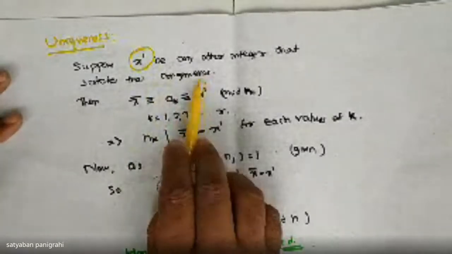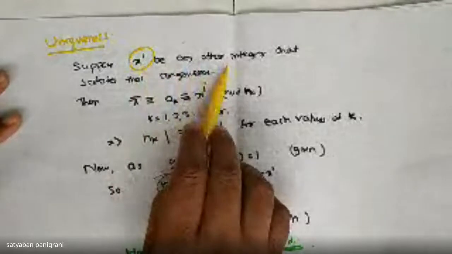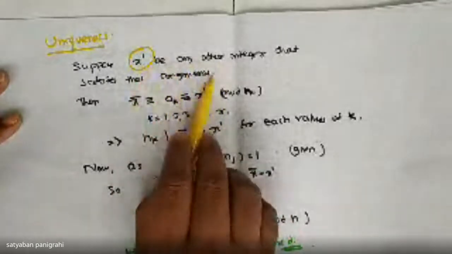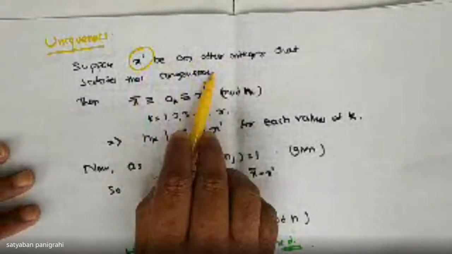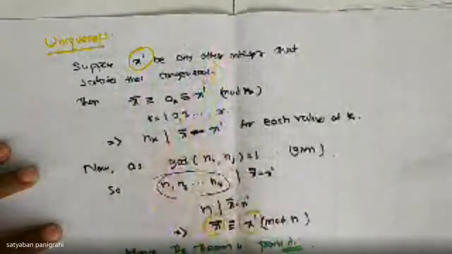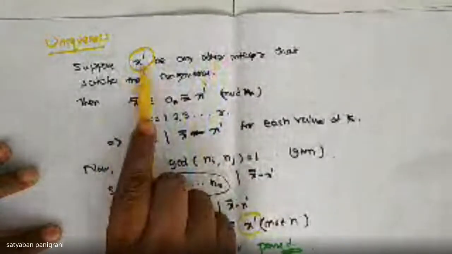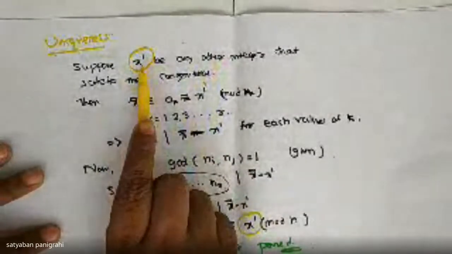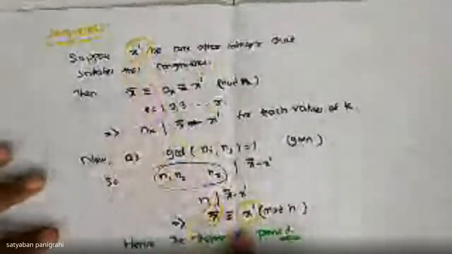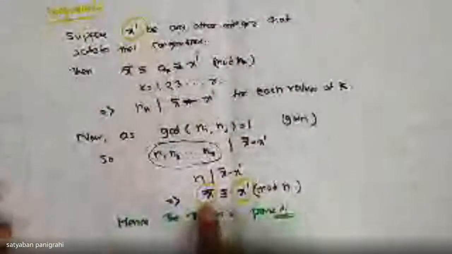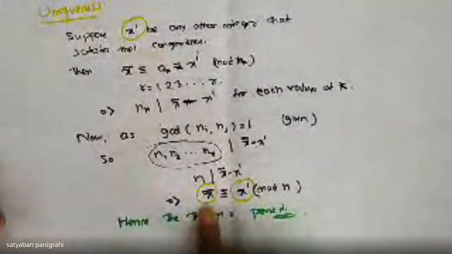We are taking x′ as another solution of that system of linear congruences, and we want to show that this alternate solution x′ is congruent to our previous solution x̄. This satisfies uniqueness.